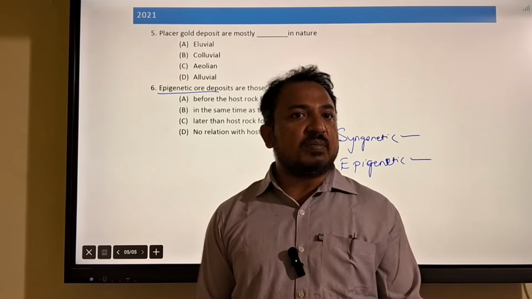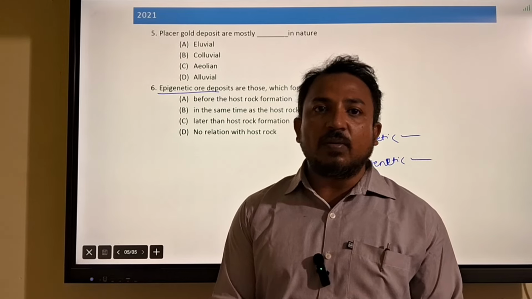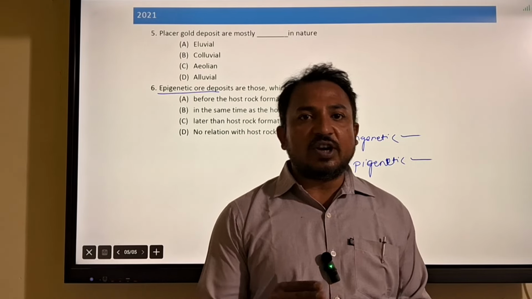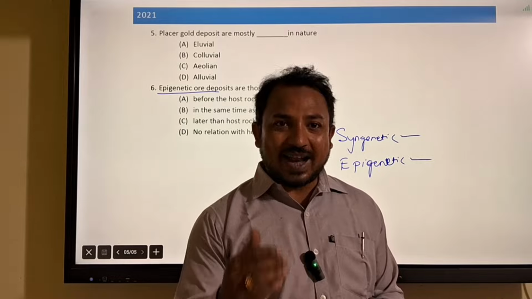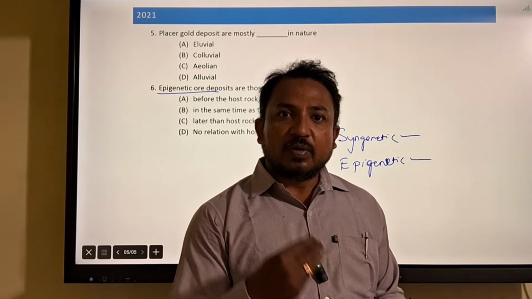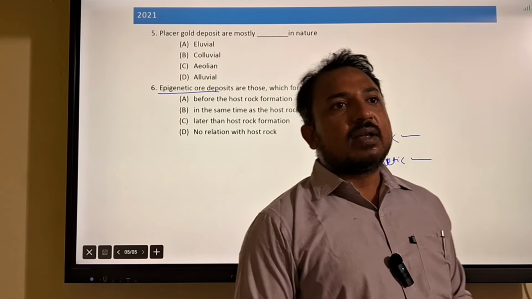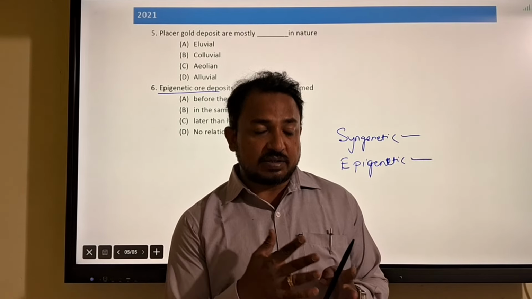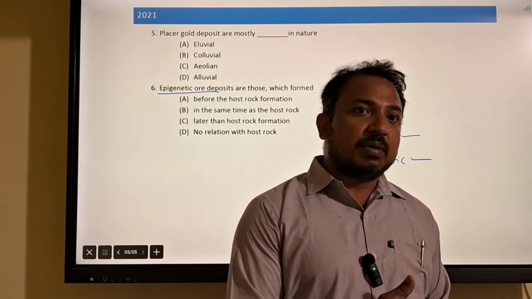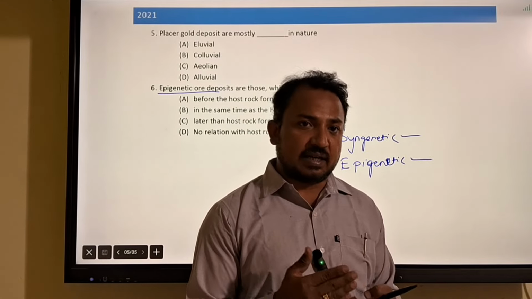When the rock is forming, at that time the economic ore is enclosed within the rock. That means before or at the time of the solidification of the rock, the economic ore will also deposit within the rock. You can take the example of chromite, which is a syngenetic type of deposition. Or take the example of magmatic concentration deposits. All magmatic concentration deposits are syngenetic.